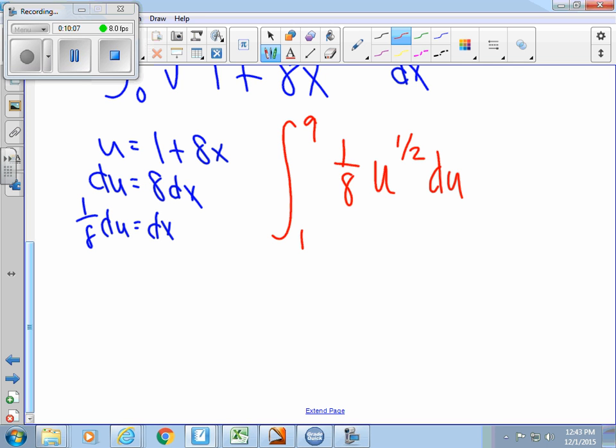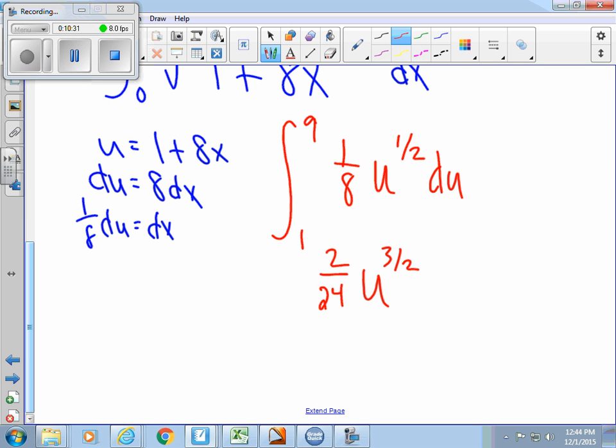Again, don't write them and then substitute the x's back in. You can do that. Just be careful. AP really gets upset when you do 0, 1 right there. They don't like that. So, okay, so u to the 3/5 times 2/3.